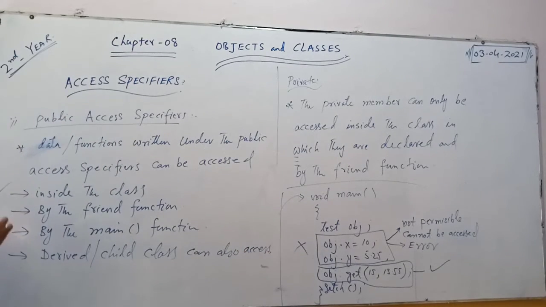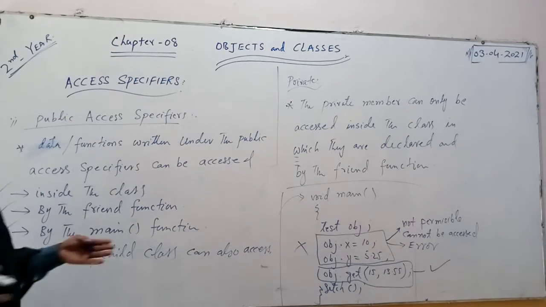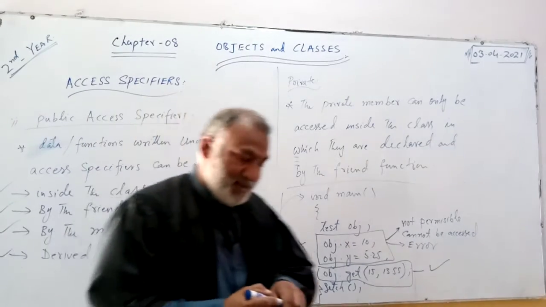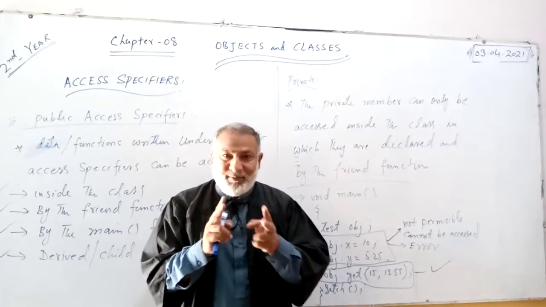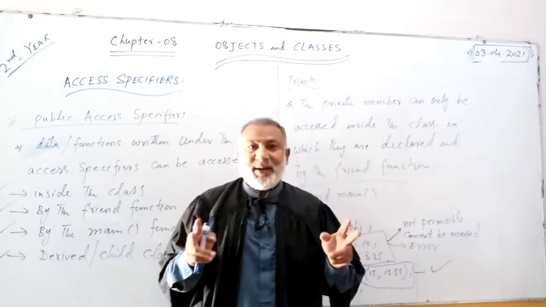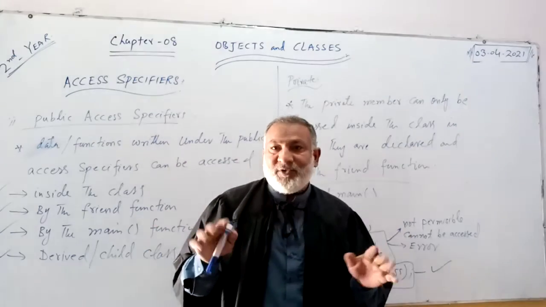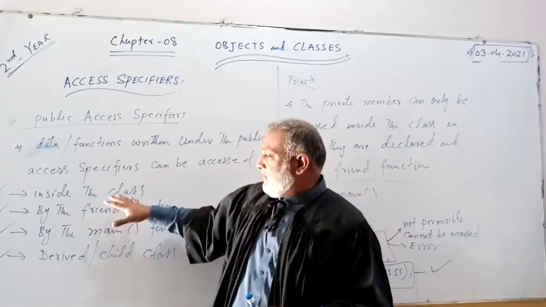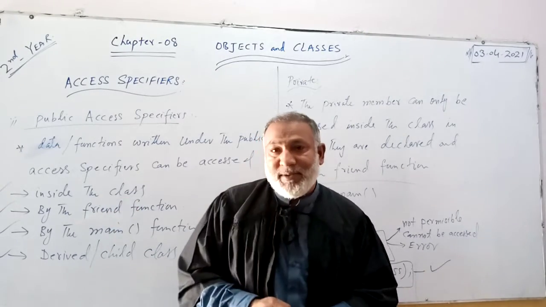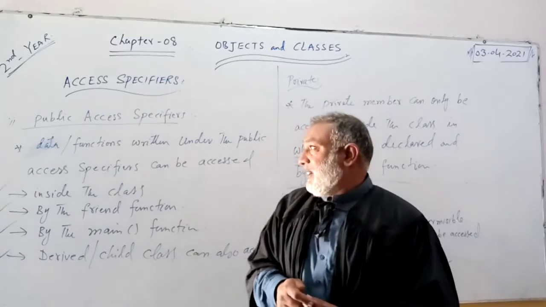So this is the range. It's a huge range of public. So there are two opposite things: private for the class; public for everyone. Even it can be used inside the main function. It can be used by a friend function, and it can be accessed and used by the derived class.